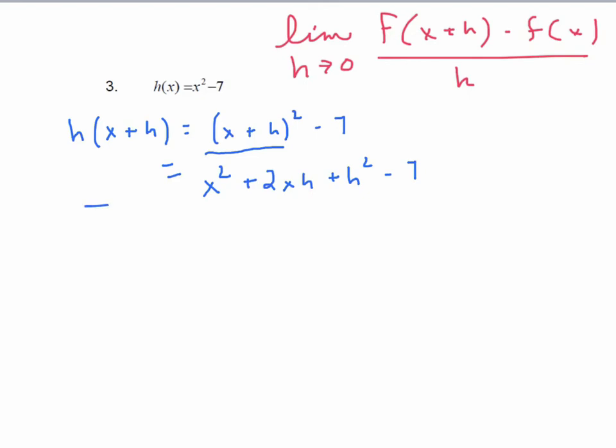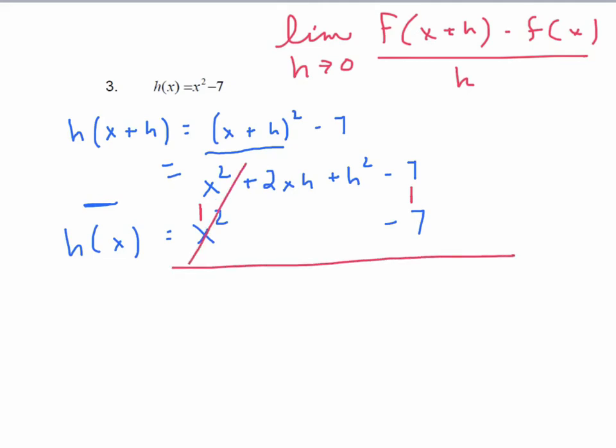We know that we're going to turn around and subtract our original function, and our original function is x squared minus 7, and remember I'm using that technique where I'm going to line these up right under where they are from the x plus h evaluation. When I subtract, they fall out.